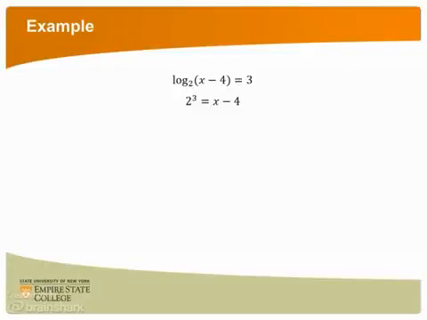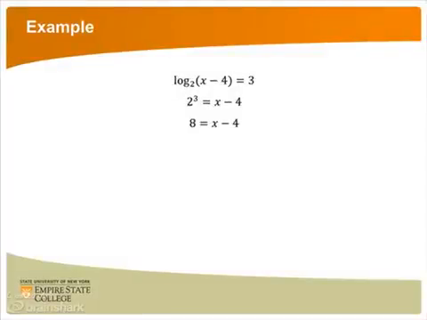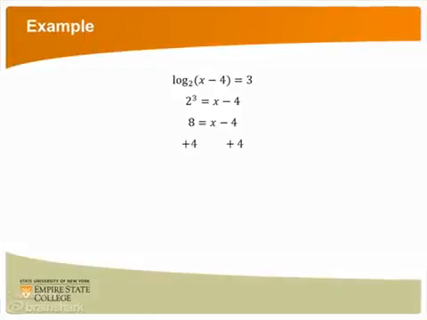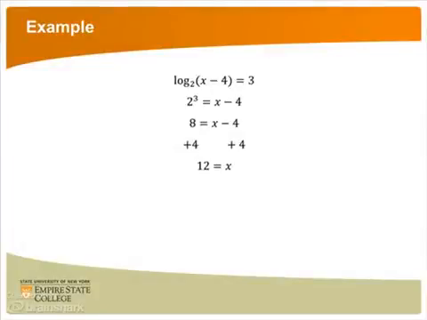The problem becomes 2 raised to the third power equals x minus 4. We can simplify the exponent, as 2 to the third power is 8. We want to get the x all by itself. To eliminate the minus 4, we will add 4 to both sides of the equation. This leaves us with our answer, x equals 12.